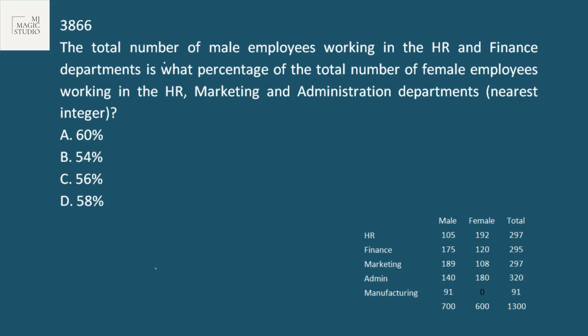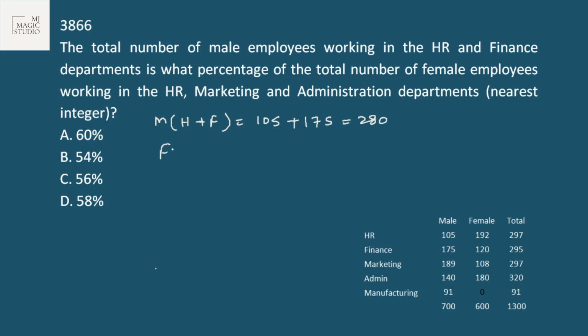Okay, the next one. The total number of male employees working in HR finance department. We need male in HR and finance. Male in HR 105 and male in finance 175. That is 280.